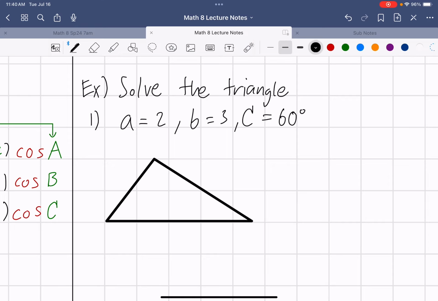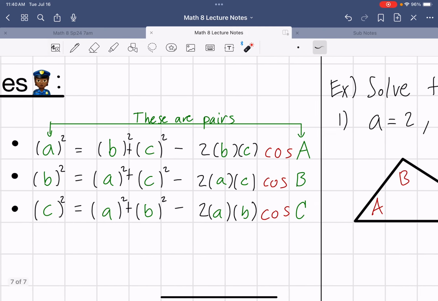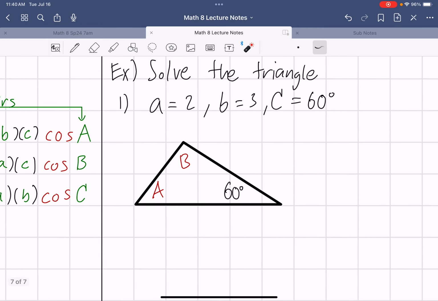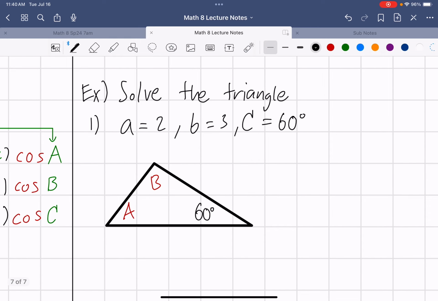I just start plugging angles in. So for example, I'll call this A, B, and then C is 60 degrees. Not for any particular reason, I just went ABC, right? I did the same thing here. I just said ABC. Not being very specific. So angle A.